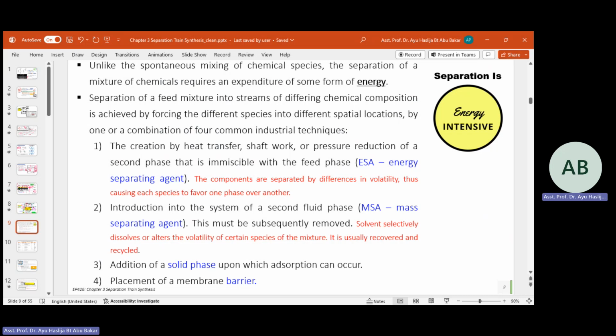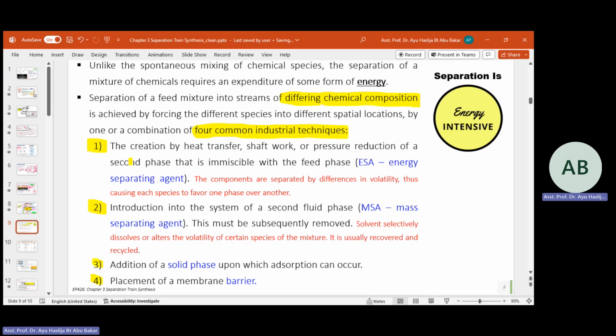Now, for the separation, again, it depends on the chemical composition of your feed. The differing chemical composition will result in different methods of separating system. Now here there are 4 common industrial techniques.